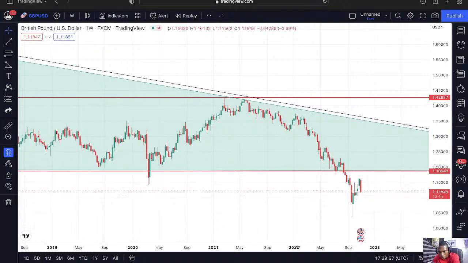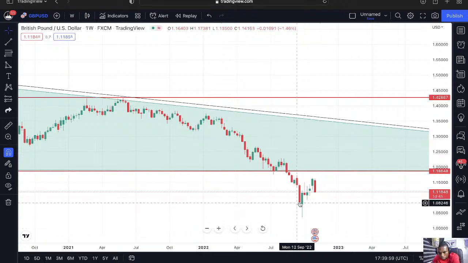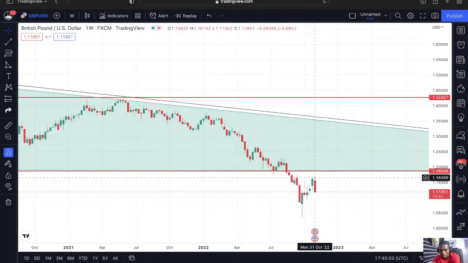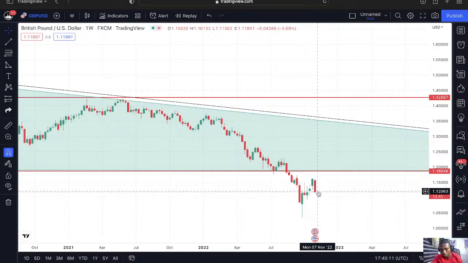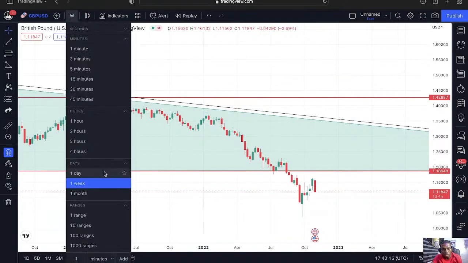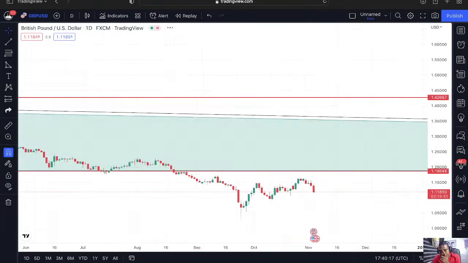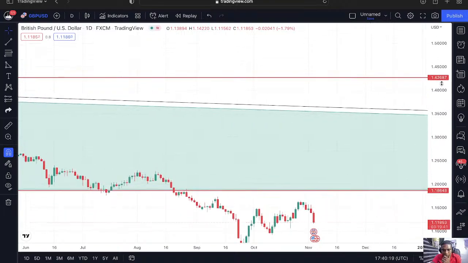You can see how the markets try to pull up, more like a reversal after a breakout, and now the market has this drawdown, which is a symbol of sell pressure. All right, sell pressure. So let's go to the daily time frame.